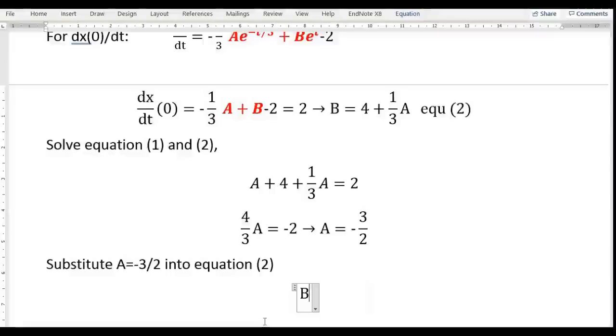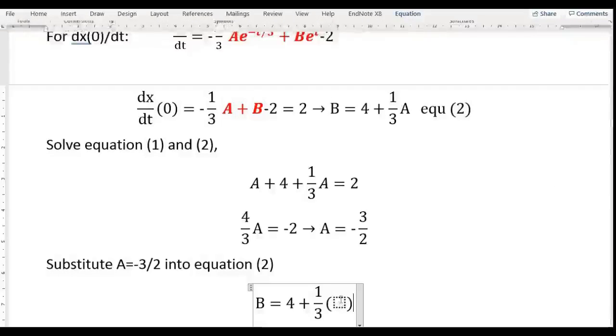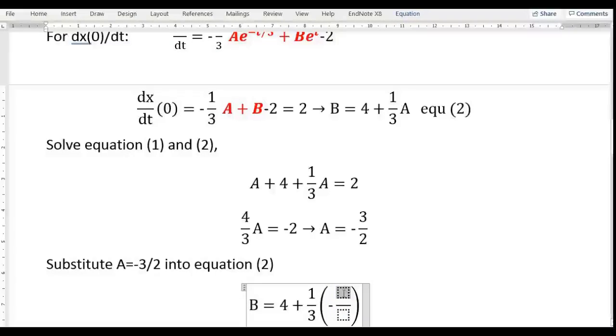So you have b is equivalent to 4 plus 1 over 3 multiplied by minus 3 over 2, which is going to give me 8 minus 1 over 2, which gives me 7 over 2.